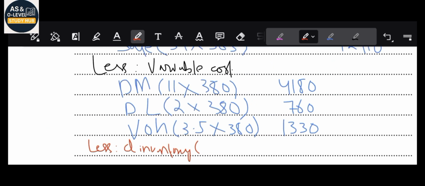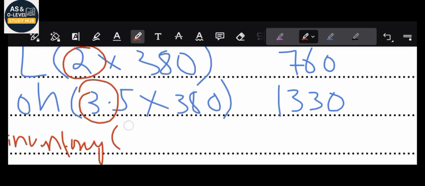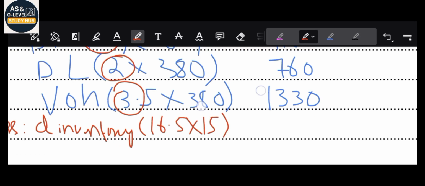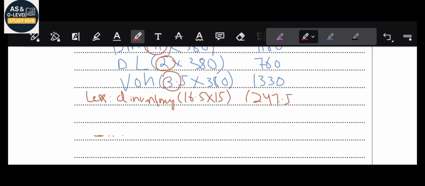We will add up 11, 2 and 3.5, that is 16.5. 16.5 into 15 units of closing inventory, so the amount is 247.5. We will subtract this amount.